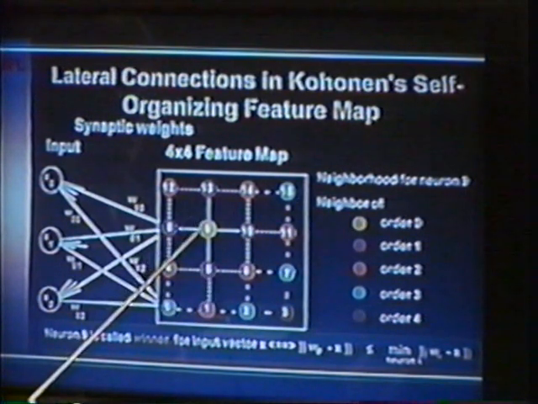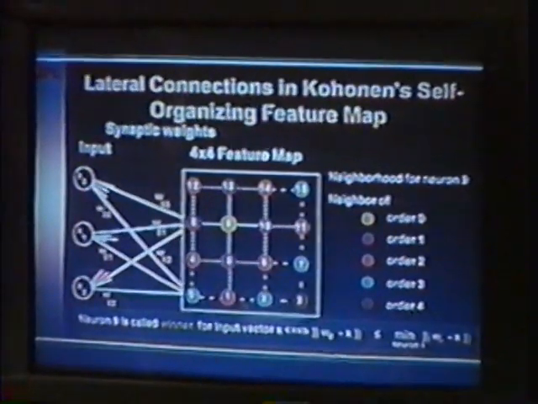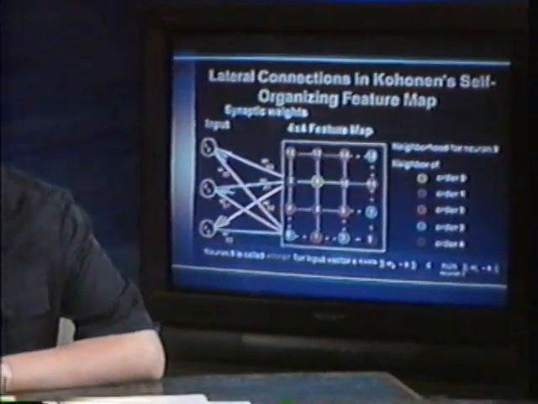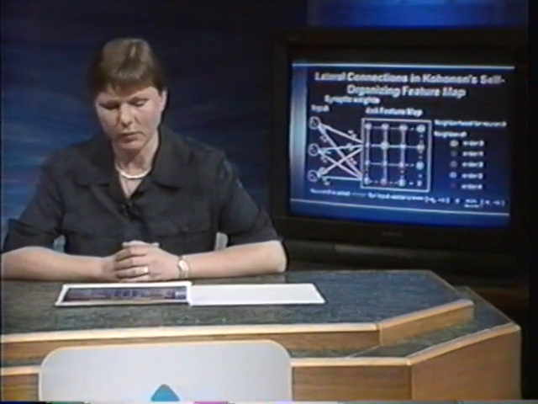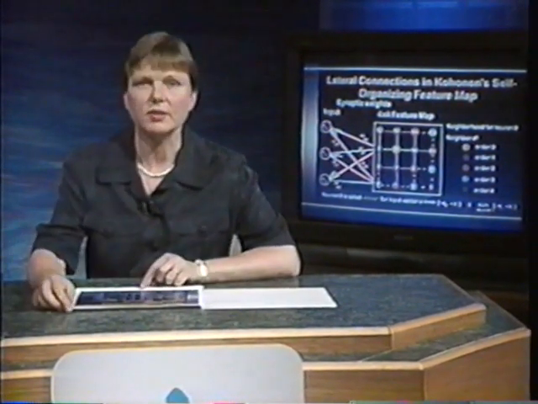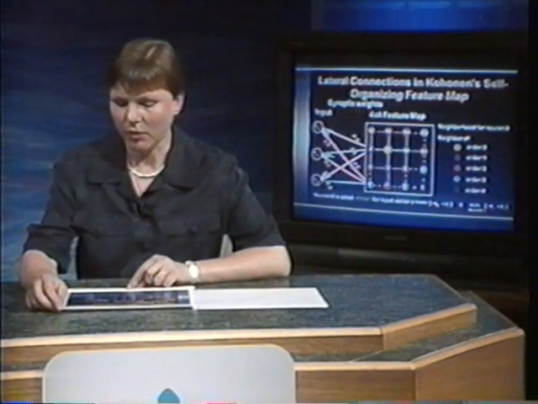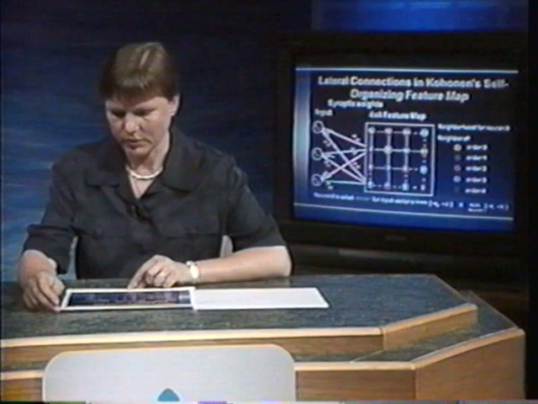And we have neighbors of order 1, which are neurons 8, 10, 5, and 13. Neighbors of order 2, which are neurons 12, 14, 11, 6, 1, and 4. Neighbors of order 3, which are neurons 15, 7, 0, and 2. And one neighbor of order 4, which is neuron 3.